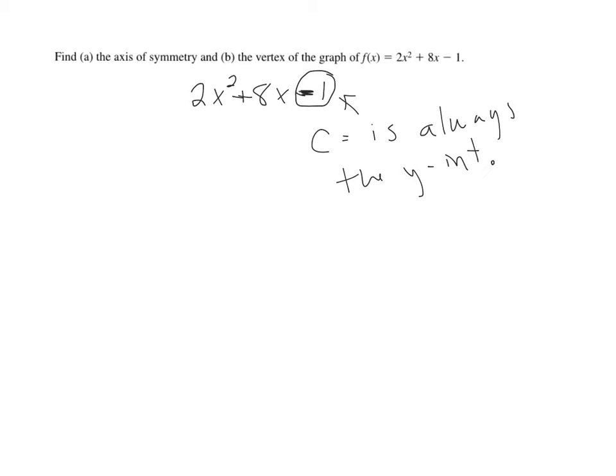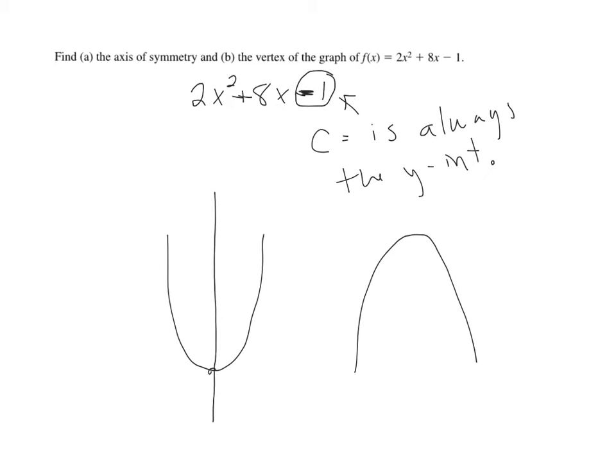So now let's look at what it's actually asking us. Find the axis of symmetry and the vertex of the graph. Whenever we have a graph, whether it's negative or positive, it will always be symmetrical. So there will always be what we call a line of symmetry that breaks it up.